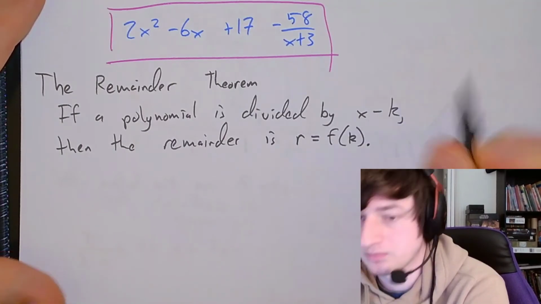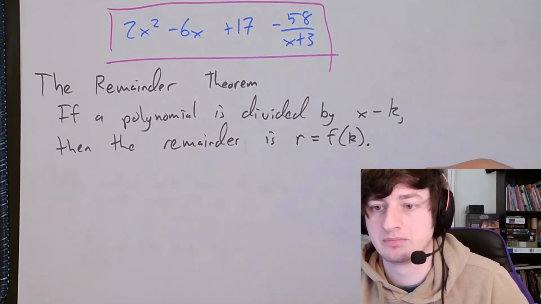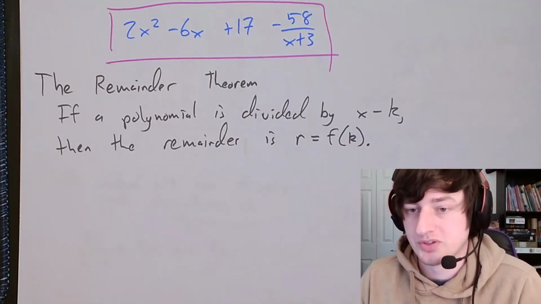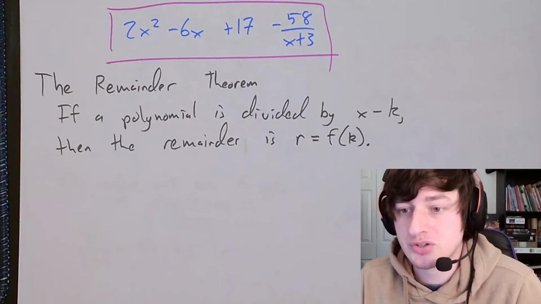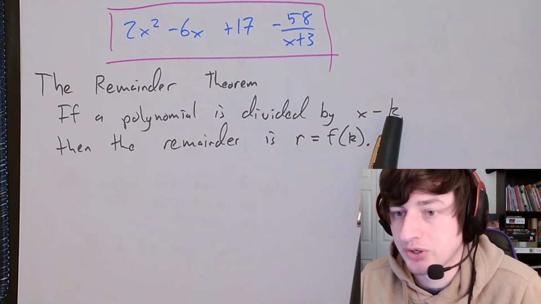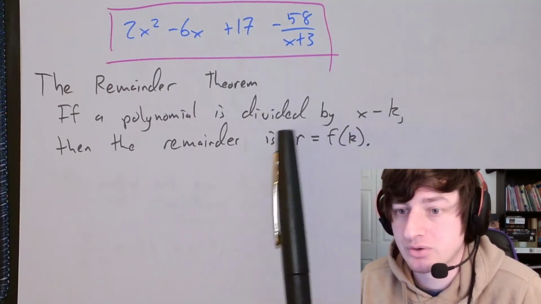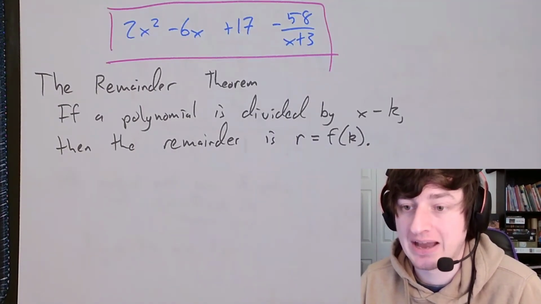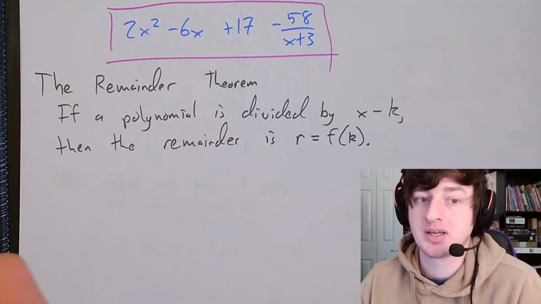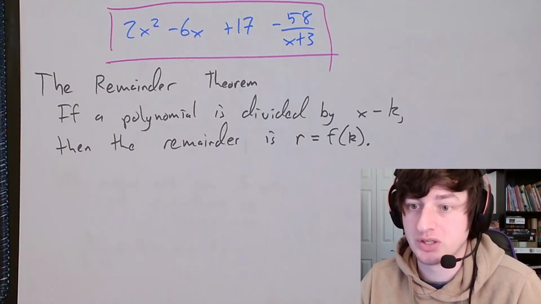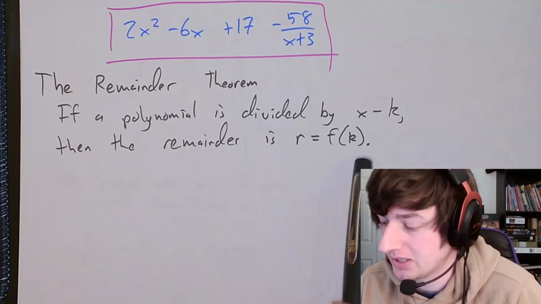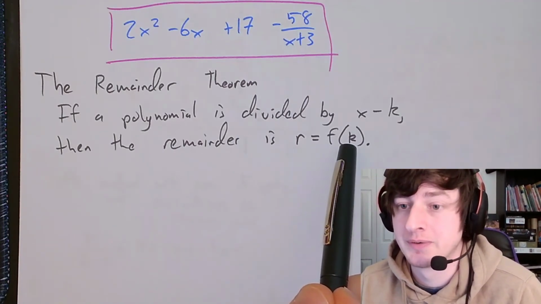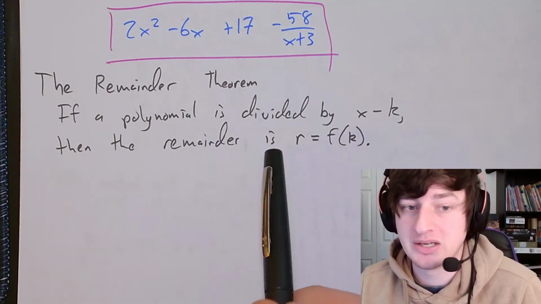Now what does that mean in normal human terms? What this means is if you substitute in this number, whatever the remainder is is what you get out of the function. The output is the same as the remainder when you divide. So if you evaluate for k, some number, it's the same as the remainder for the division.